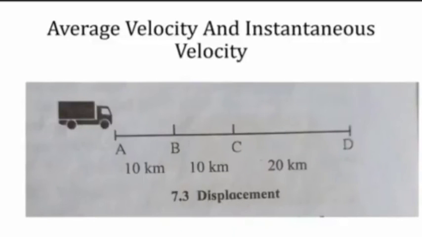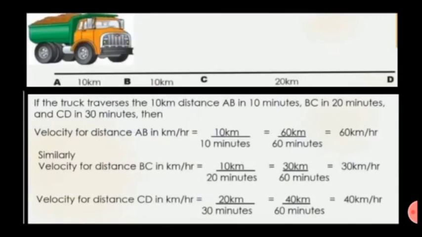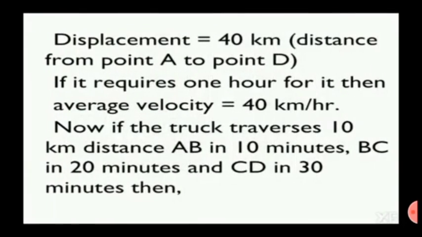Average velocity and instantaneous velocity. The velocity of an object can change even while it is moving along a straight line. Suppose that a truck is covering a distance of 40 km from A to D in a straight line. That is, its displacement will be 40 km. If it requires altogether 1 hour for this, its average velocity is 40 km per hour.